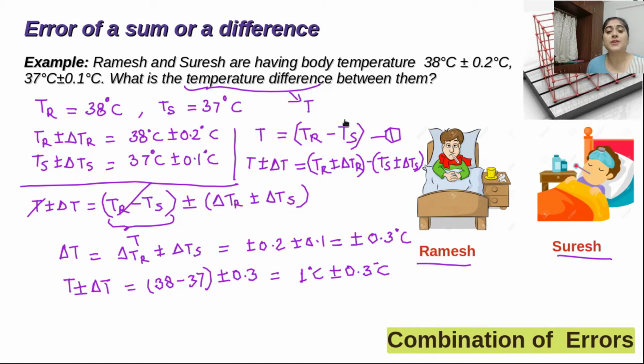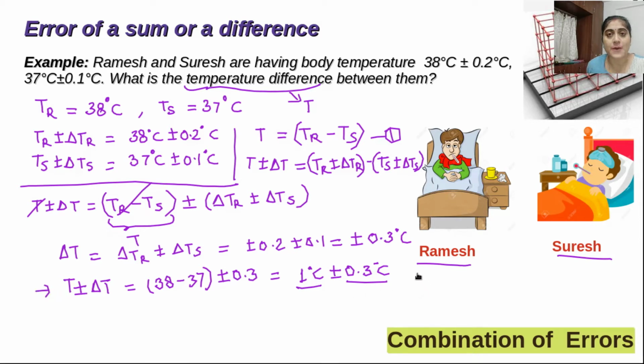If they are asking only about the error, you don't need to calculate the rest; you just have to add the errors if there is no constant multiplied. If a constant is there, then you have to multiply by that constant. So this is only one line, you can solve it in one line.